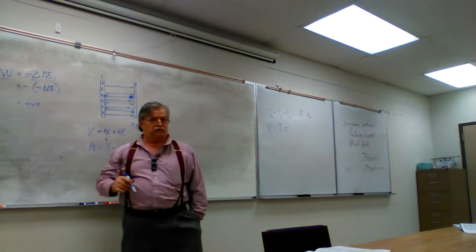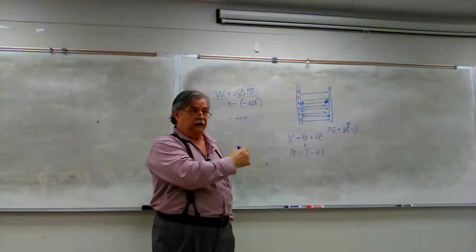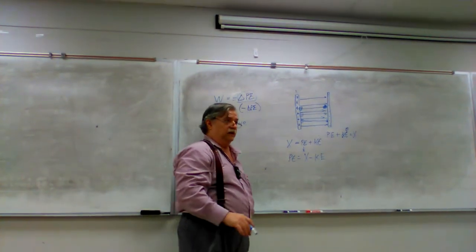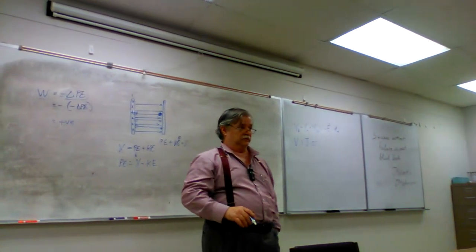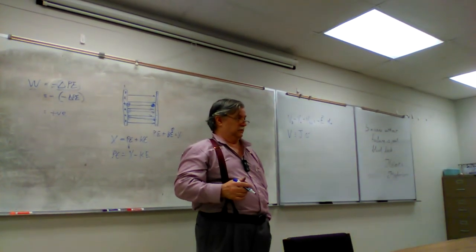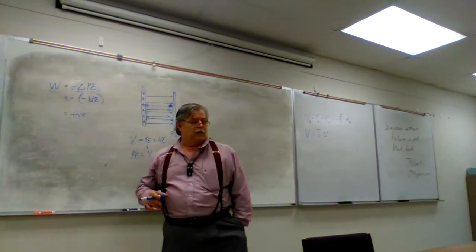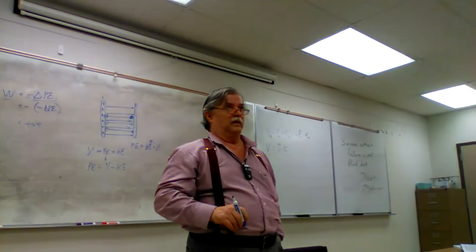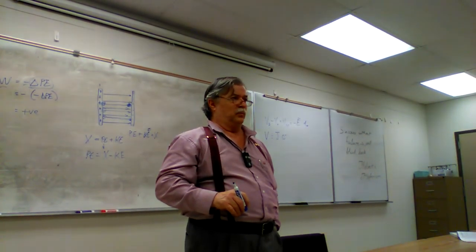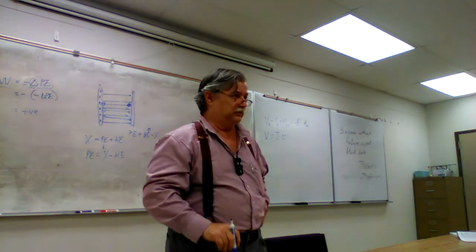And that's what the negative sign would imply on the work. If the work is negative, that means it was done by an outside force, by an external force, not by the conservative force. Okay? Negative work is work done by a non-conservative force or by an outside force.